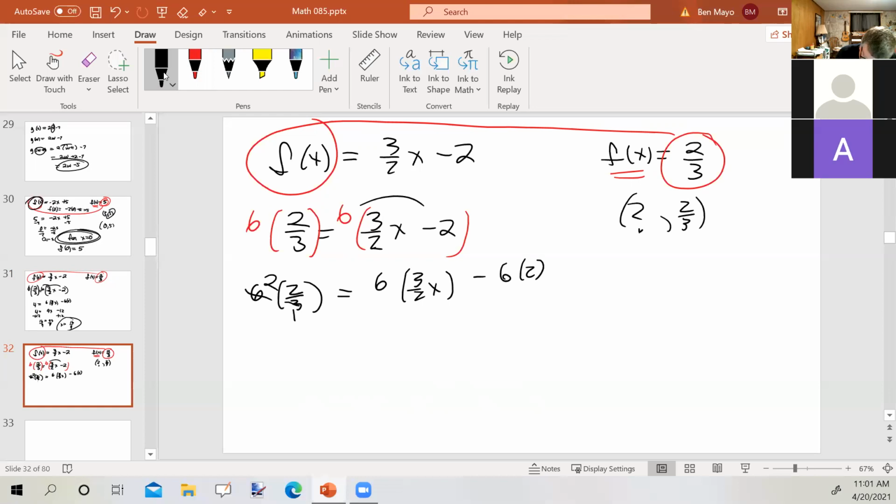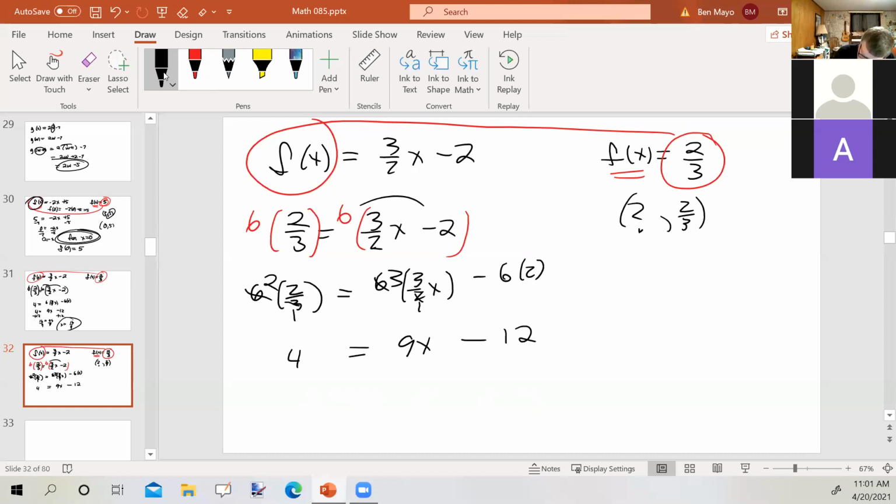Then we'll go through and reduce it. 6/3 is 2/1. 2 times 2 is 4. 6/2 is 3/1. 3 times 3x is 9x. And 6 times 2 is 12. So now I've gotten rid of the fractions.